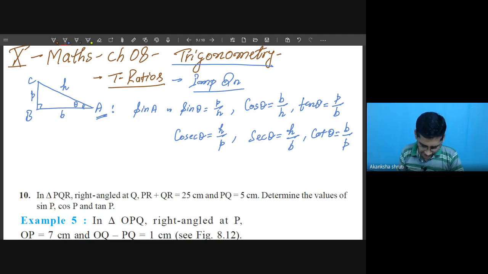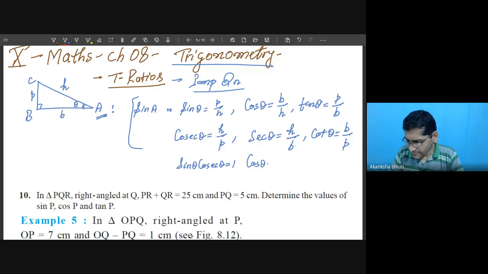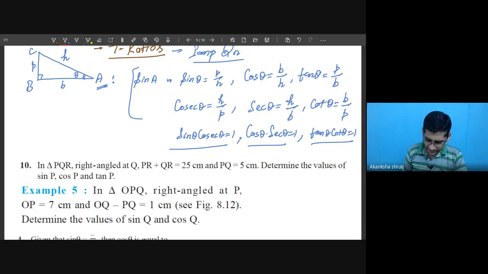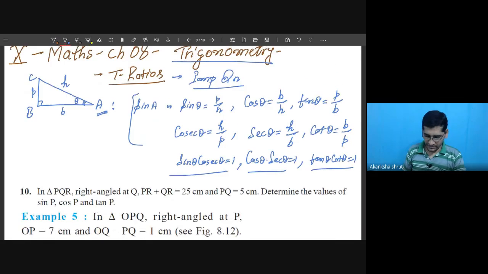Then we have also learned that the product of sine of theta and cosec of theta is equal to 1, then cos of theta into sec of theta is equal to 1, then the third one is tan of theta into cot of theta is equal to 1. These are the three other important identities based on the definition.